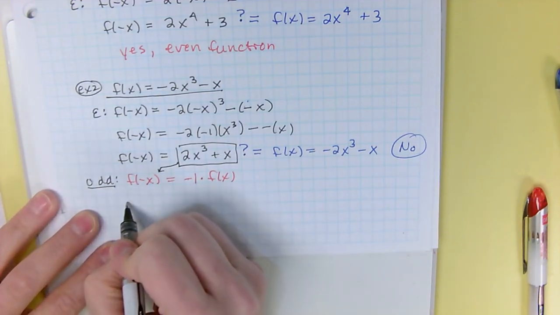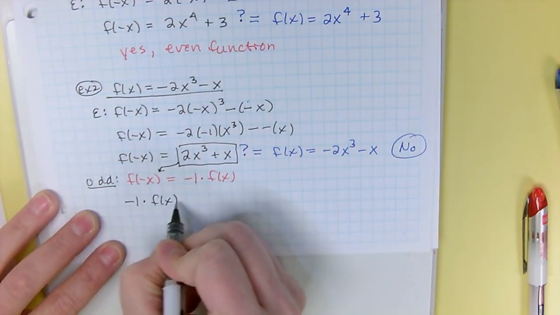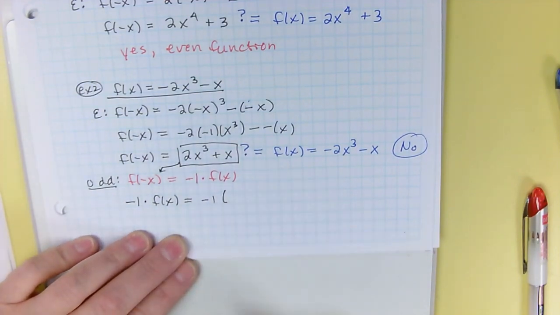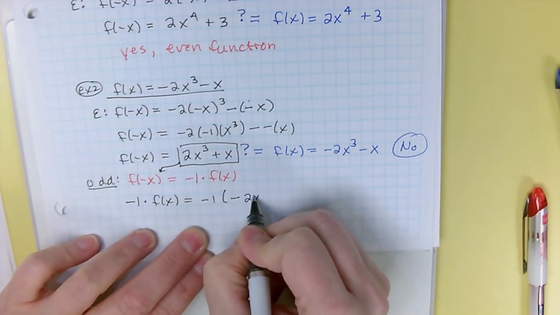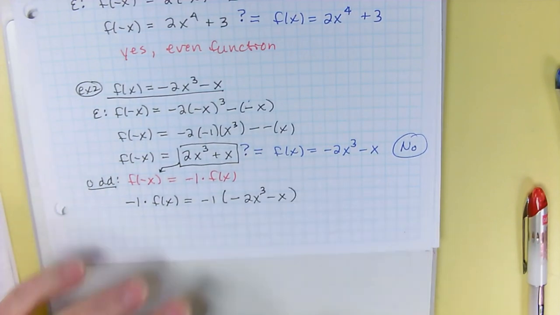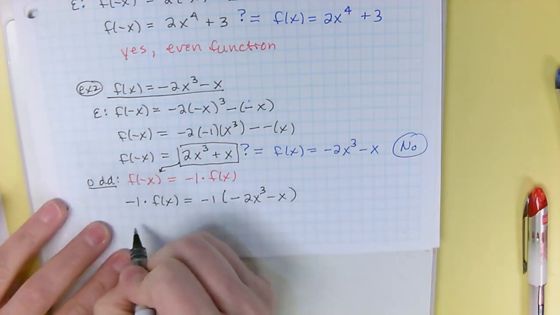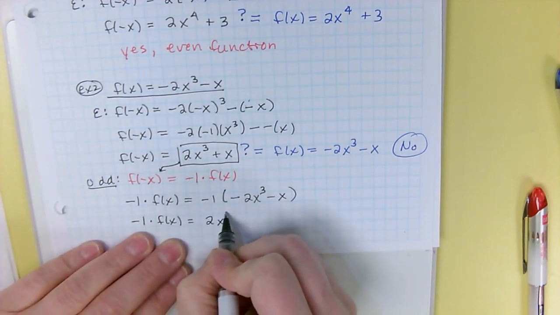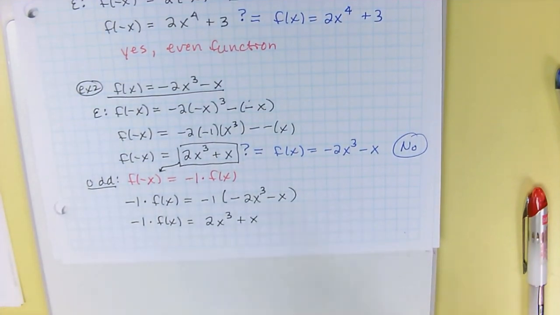So what we want to know is what is negative 1 times the function? So I'm going to take a negative 1, put the original function in parentheses, negative 2x cubed minus x, and simplify. You get positive 2x cubed plus x.